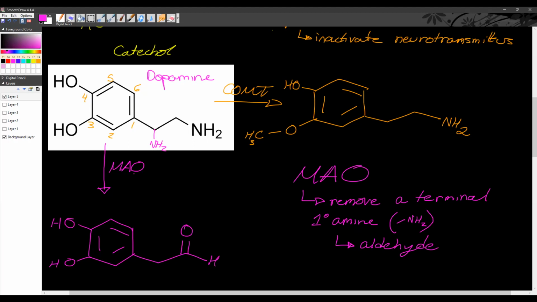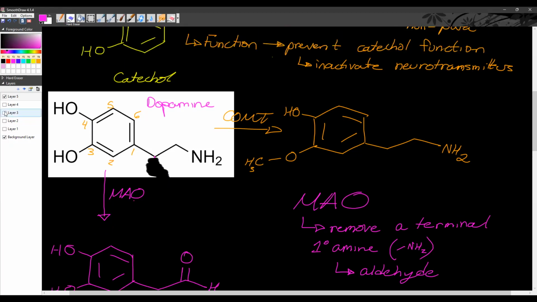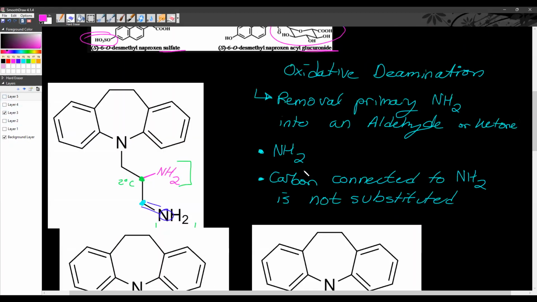Yeah. His book just says remove an NH2 group connected to a secondary carbon atom, cannot be a primary or tertiary carbon. It doesn't say anything else. Oh, okay, my mistake. So then he's saying that MAO will occur on the terminal and oxidative deamination is on the internal one.